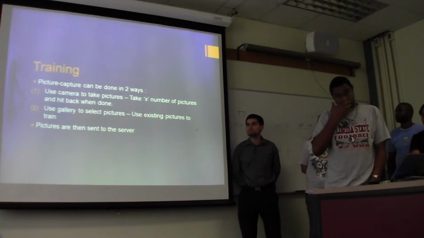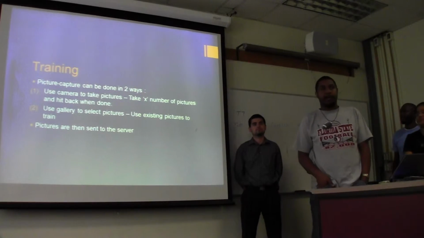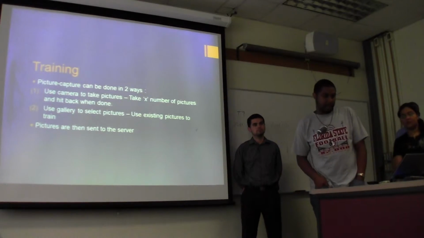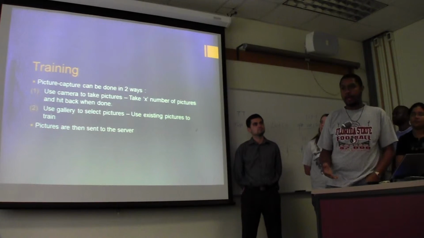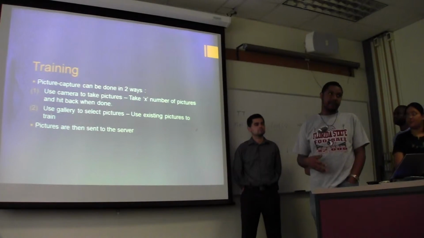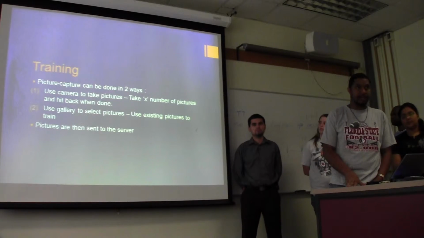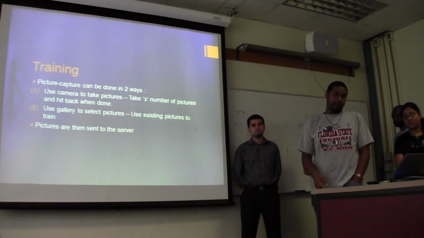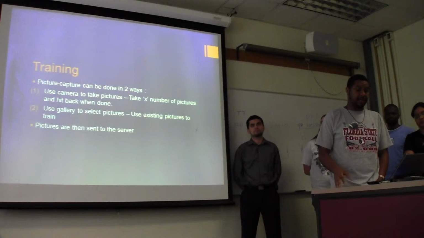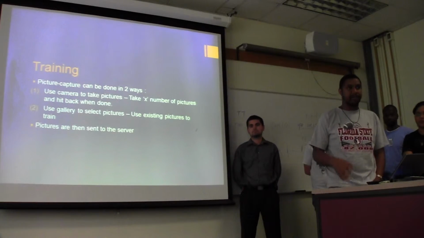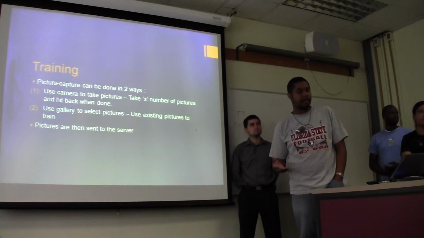All right, so pretty much for training, we provide 2 methods for capturing the images. You can take the images yourself, and you can also use pre-existing images. We implemented a custom camera application to deal with capturing the images when we're using the camera.